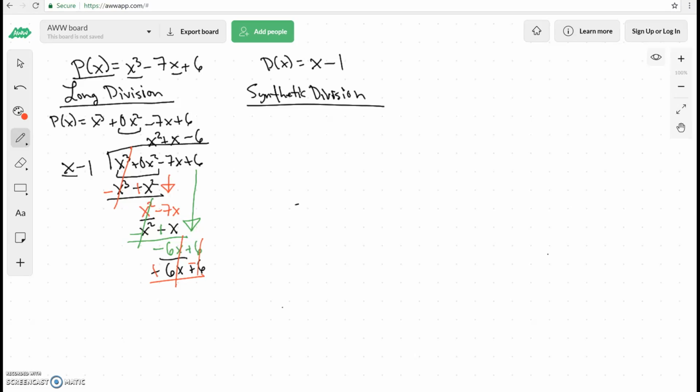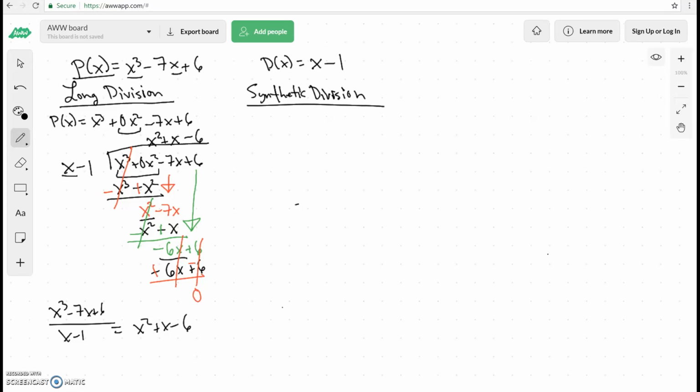This cancels out, and I get 0. So in the end, I got a remainder of 0. So I have x cubed minus 7x plus 6 over x minus 1 is equal to x squared plus x minus 6. Okay? All right.